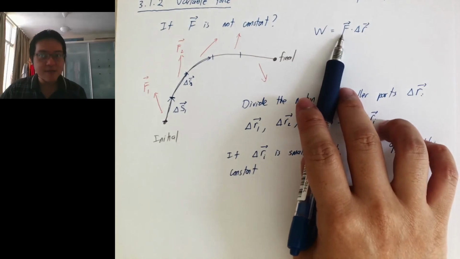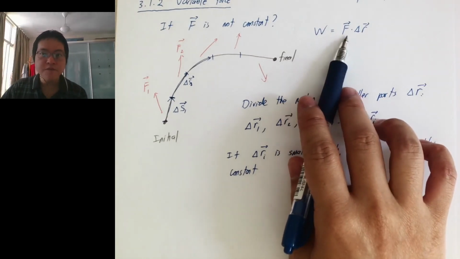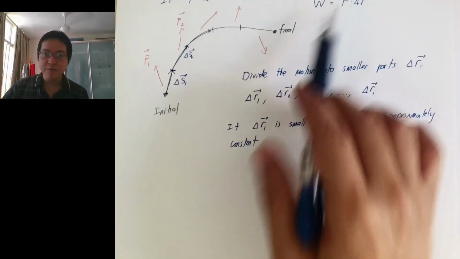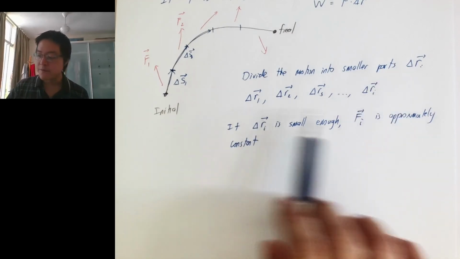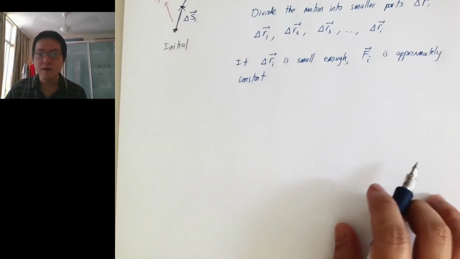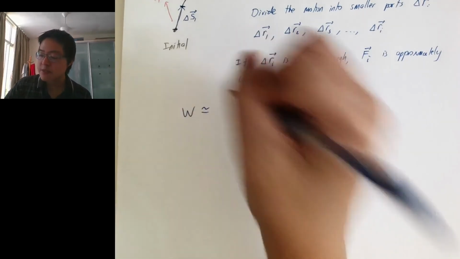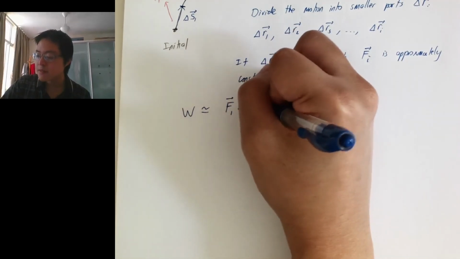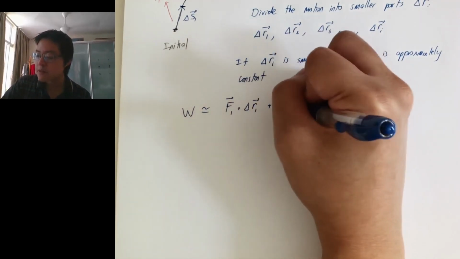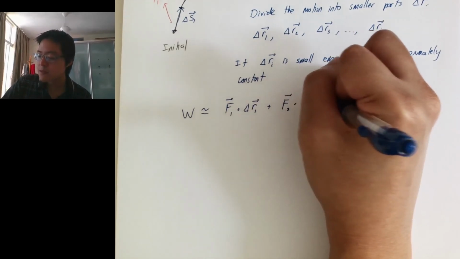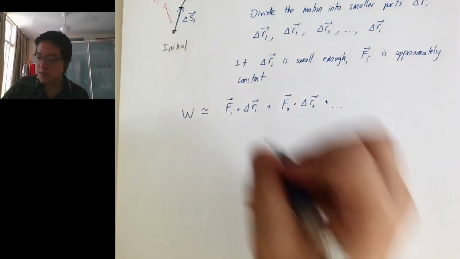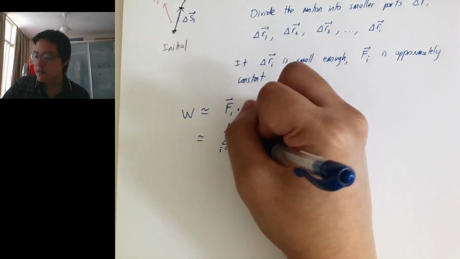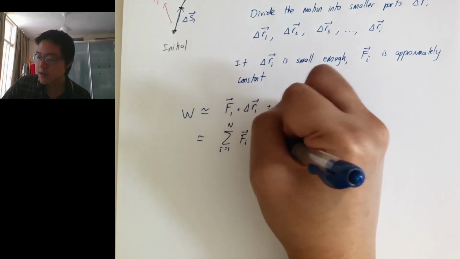But if F is not constant, which value do we put in? We don't know yet. But we can avoid this problem by dividing into small pieces, and during each piece F is approximately constant. So the work done is approximately the force here times this displacement, plus the next force times the next displacement, and so on. The notation we use is the summation from i equals 1 to n of Fi dot delta ri.